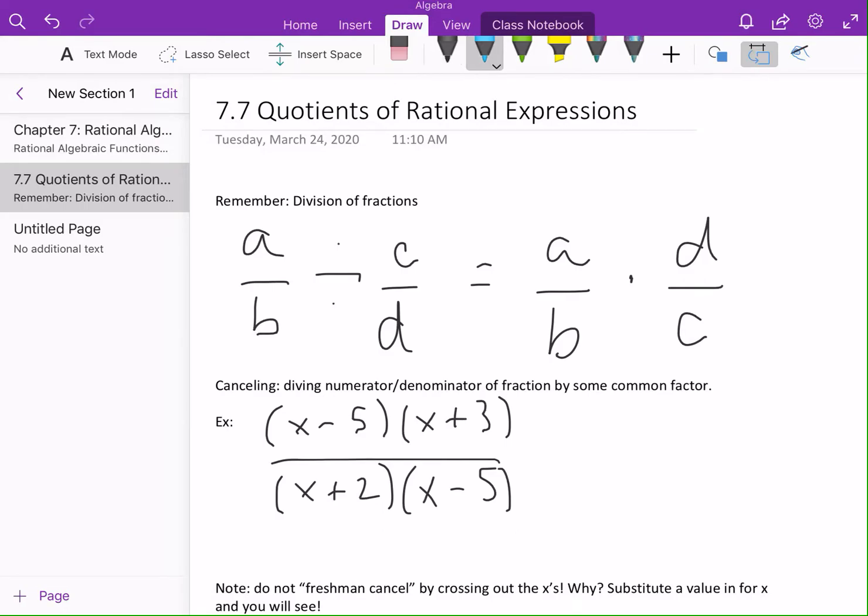Looking at both of these, x minus 5 is in both the numerator and the denominator and can be canceled, leaving us with x plus 3 all over x plus 2.